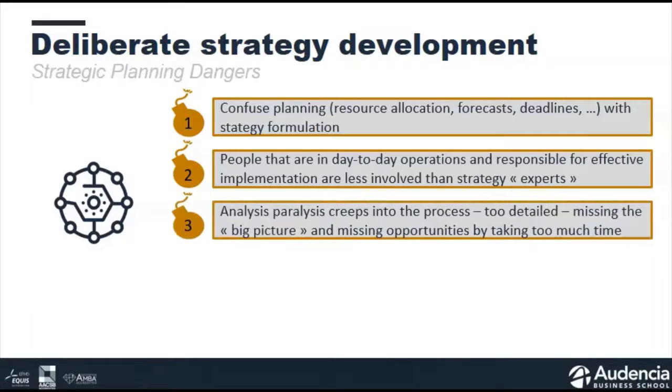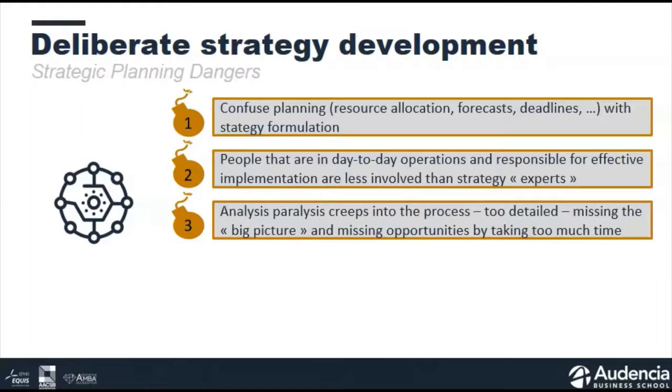A third potential bomb is what's called analysis paralysis. Strategic planning can be a very long process. It can take a considerable amount of time. And as we dive into the process, we may find ourselves trapped in doing too much analysis.